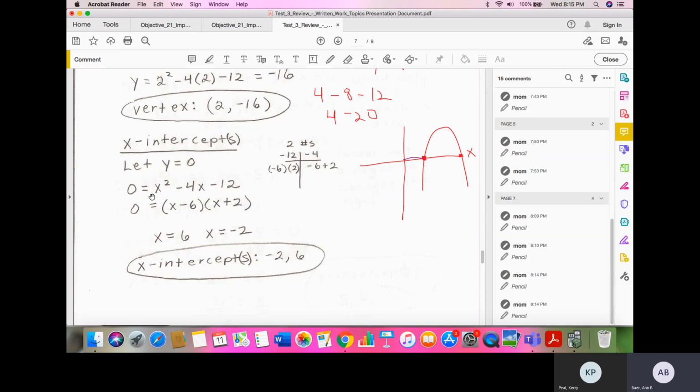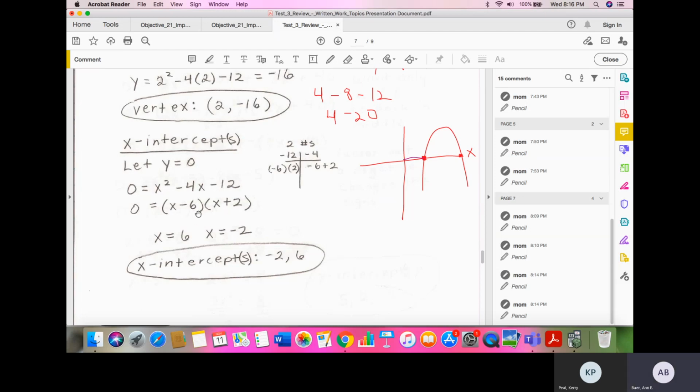So we're looking for two numbers that multiply to give us negative 12, and add to give us this negative 4. So negative 6 times 2 is negative 12. Negative 6 plus 2 is negative 4. So that's what works here. So we can write down our factors, x minus 6, x plus 2.